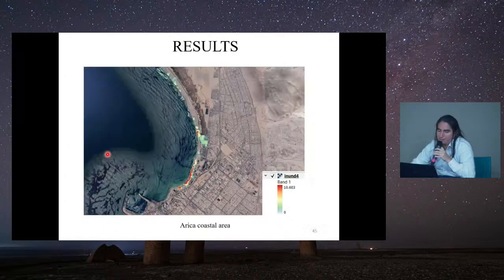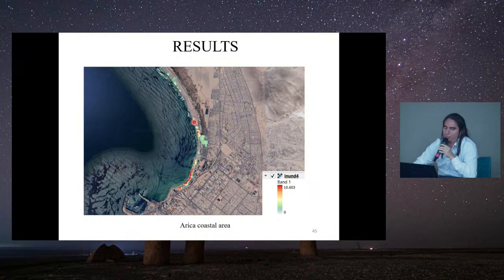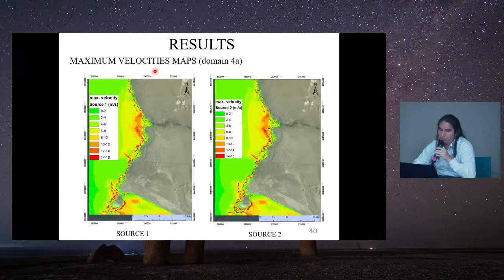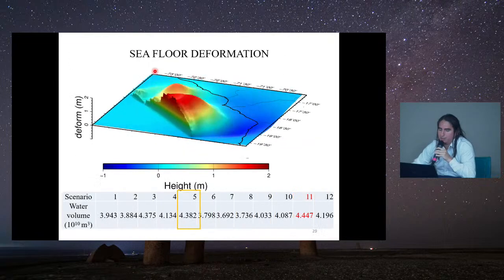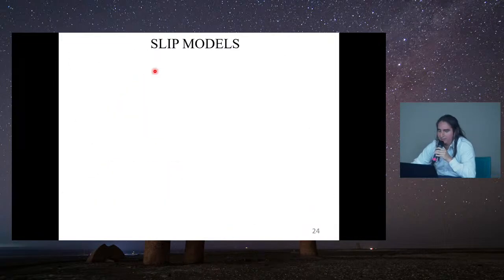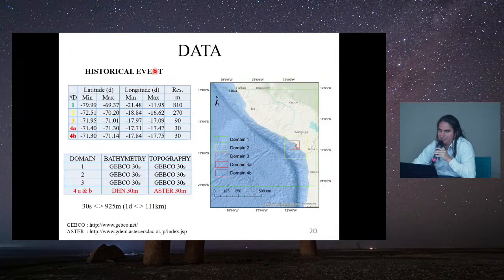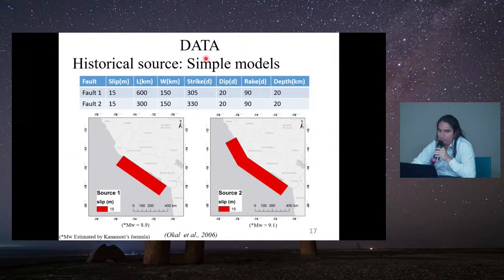And well, yesterday I did a very, very fast simulation about the Arica coastal area. This is Arica, again 30 meters, a very fast simulation. And I found that this is much southern from Arica, because the Ocal fault, let me show you just once again. This is Ocal, so it is almost in southern Peru.